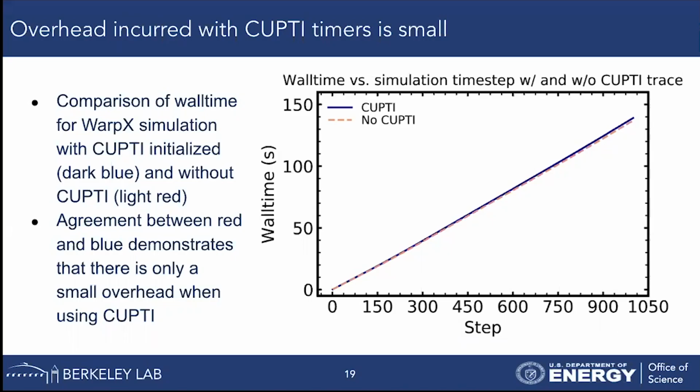It's just that for the timer, when we're timing certain kernels, we'll actually access the information in those activity records. But anyway, you see that the agreement between the CUPTI case and the no CUPTI case shows that there's not too much difference in the total wall time between the two runs.